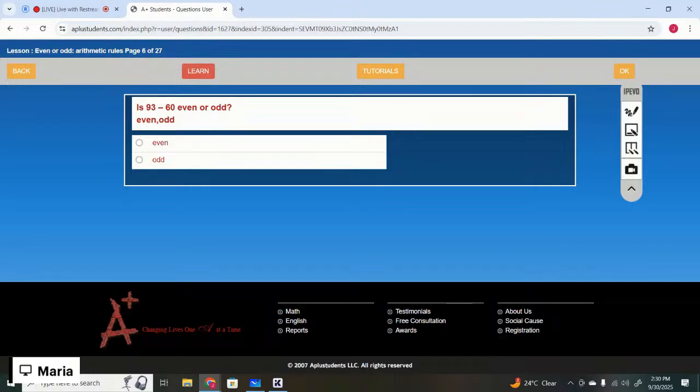Is 93 minus 60 even or odd? You're subtracting an odd and an even number. The answer is always an odd number. Odd it is.